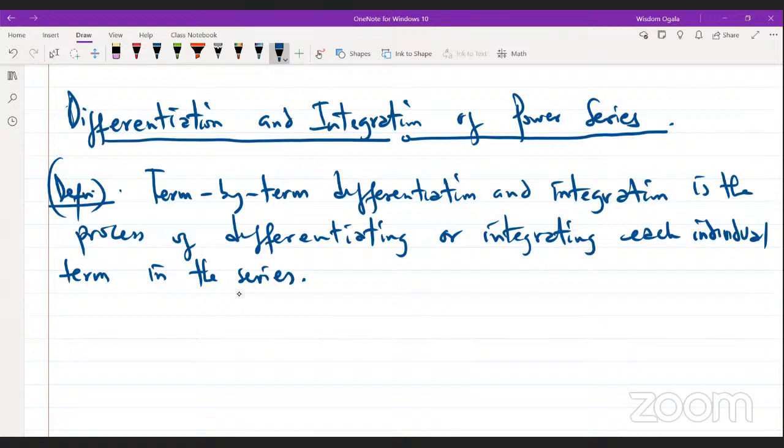Now, we have a theorem. We are really going to talk about this theorem right now. And then we look at examples, okay? We'll look at examples.